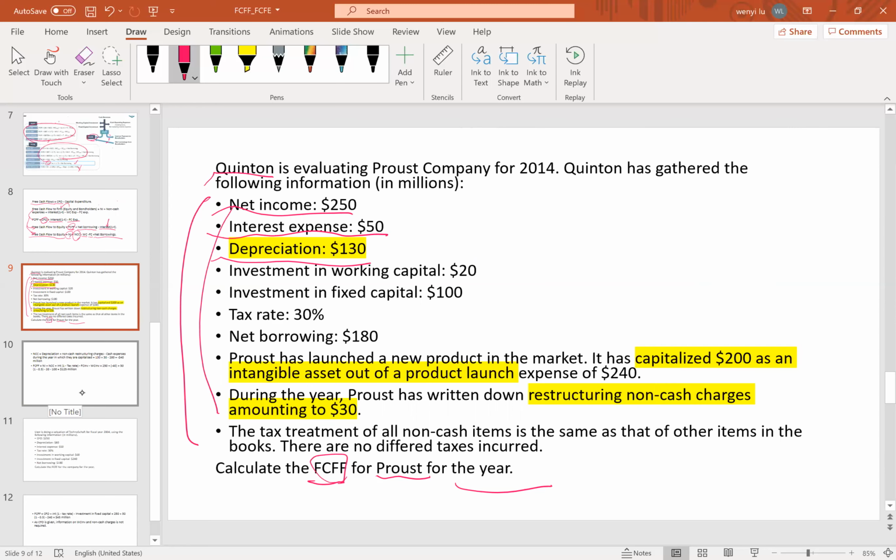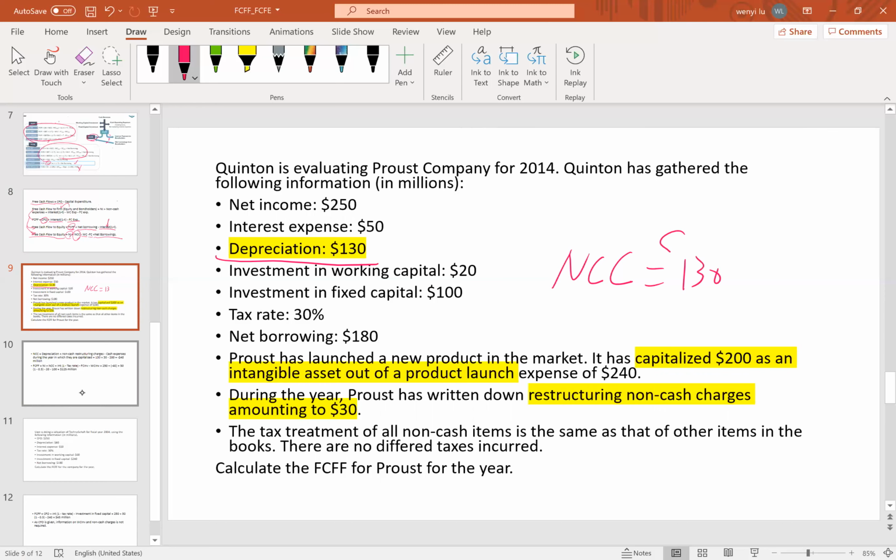I already highlighted the non-cash charge in yellow. So our non-cash charge includes the depreciation of $130, and also the restructuring non-cash charge of $30.